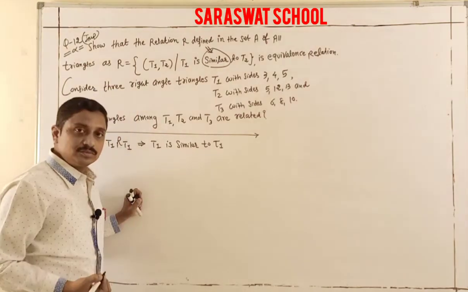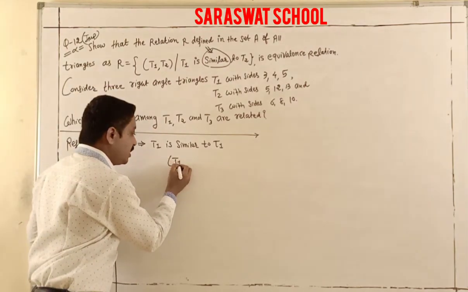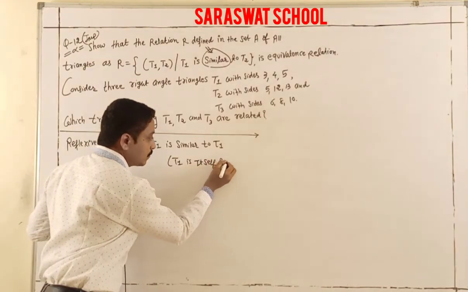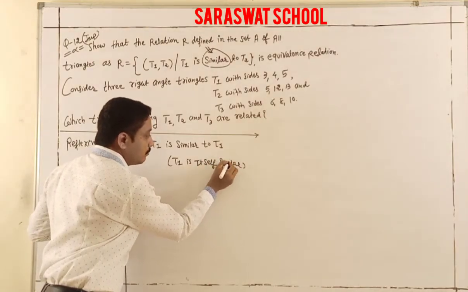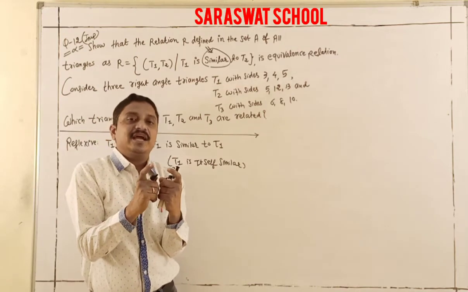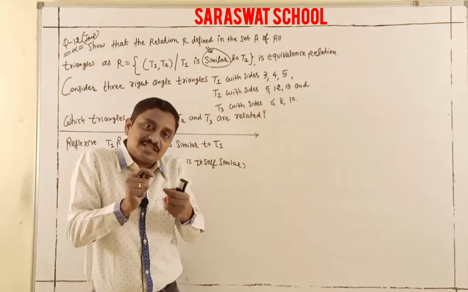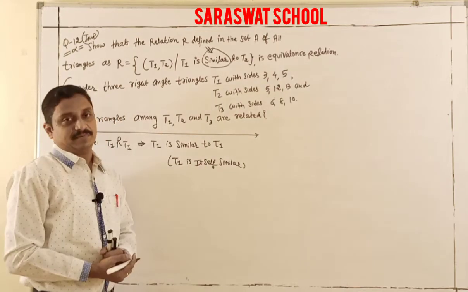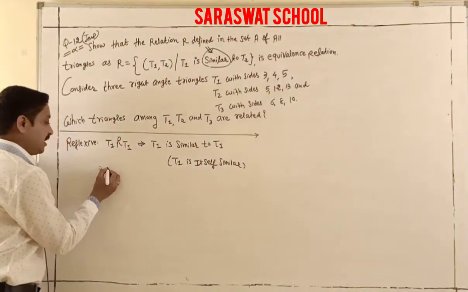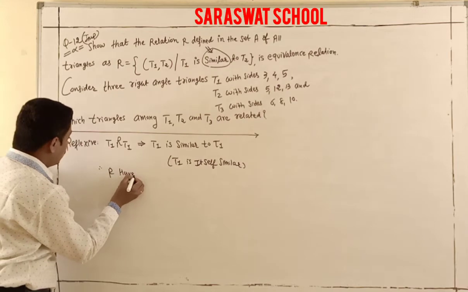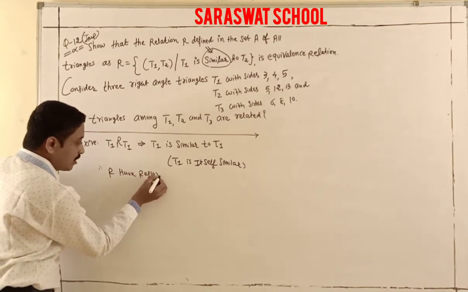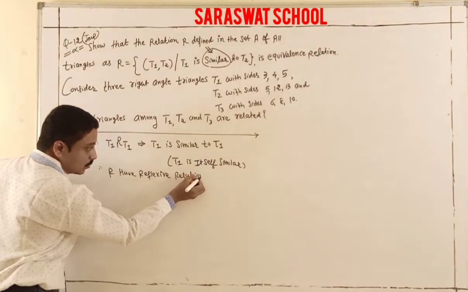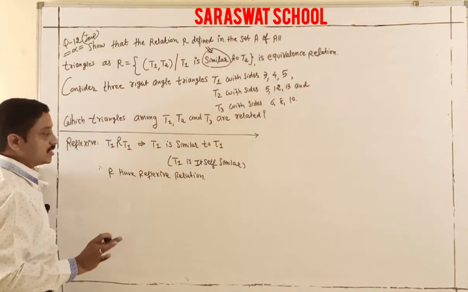Students, this word is important here. It is true because T1 is similar to itself. Just consider triangle ABC and triangle ABC, both are the same, so similar. So you write T1 is similar to itself. So definitely R is a reflexive relation.